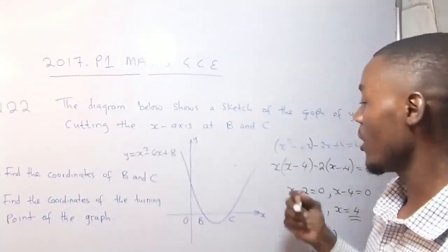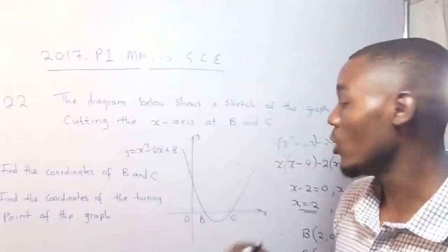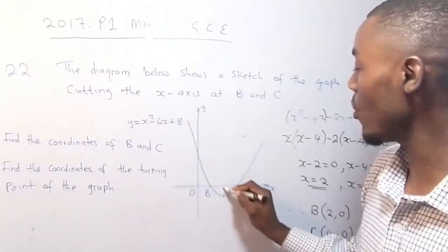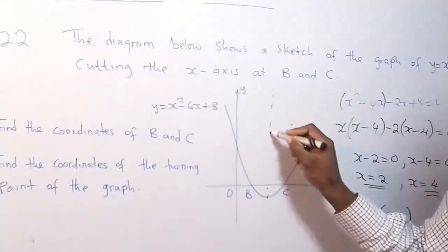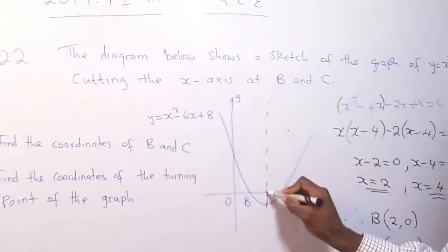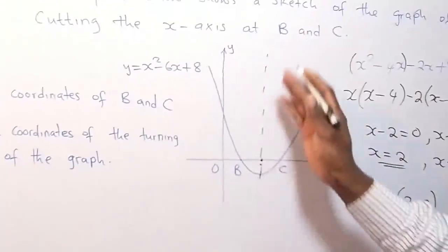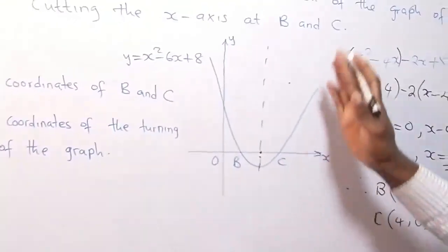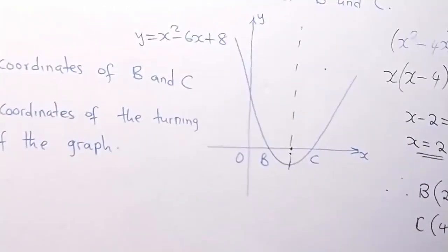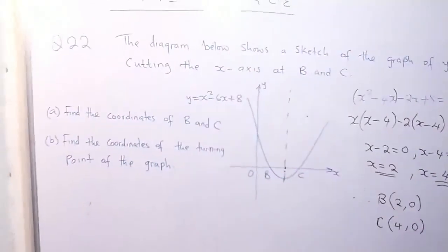We simply need to look for the mid part, which is the value of x when this graph has been cut. This is where our turning point is.